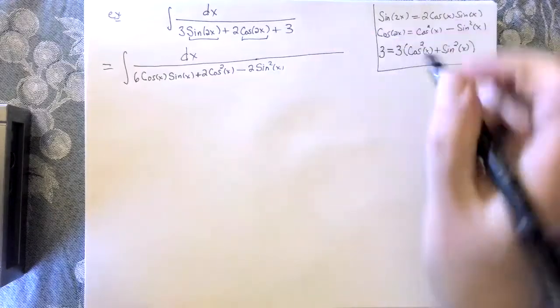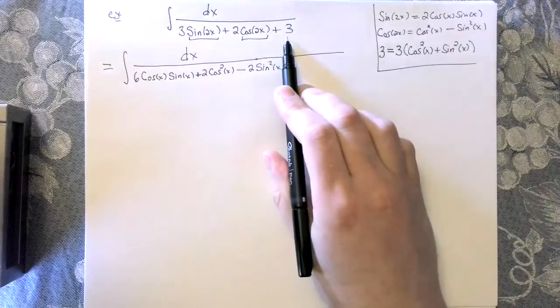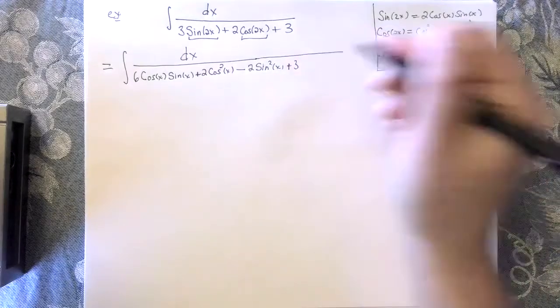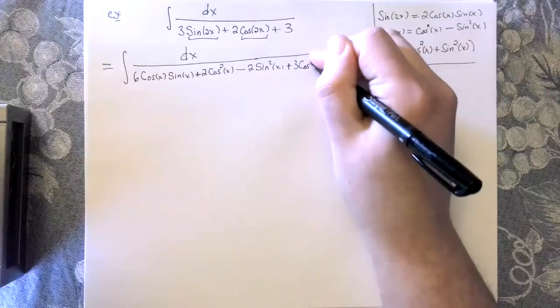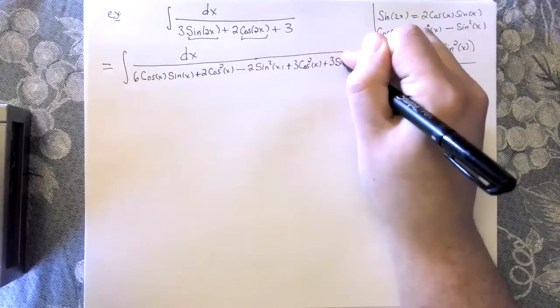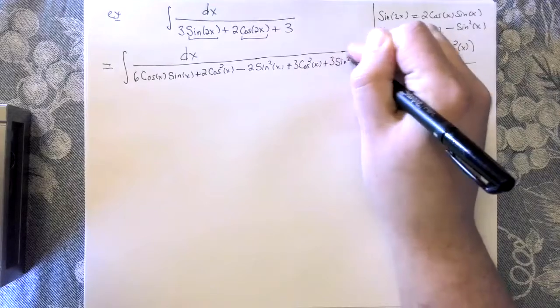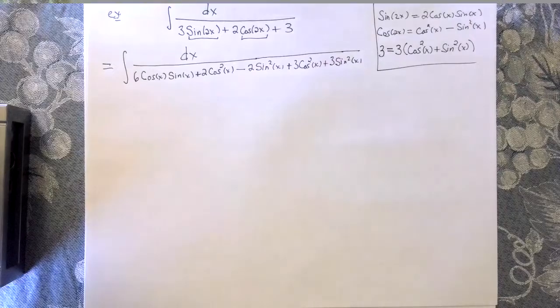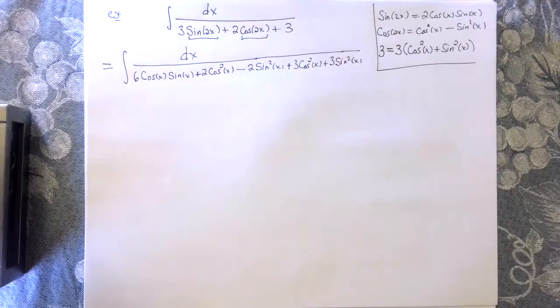And then here's the part where we're really clever, right? We're thinking about 3 in this way. So distribute the 3. That's 3 cosine squared of x plus 3 sine squared of x. Okay, so at this point, we want to go ahead and combine like terms.